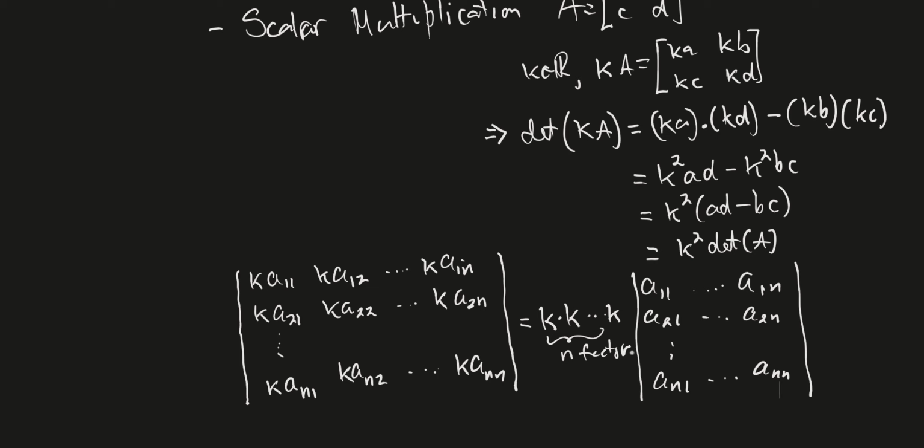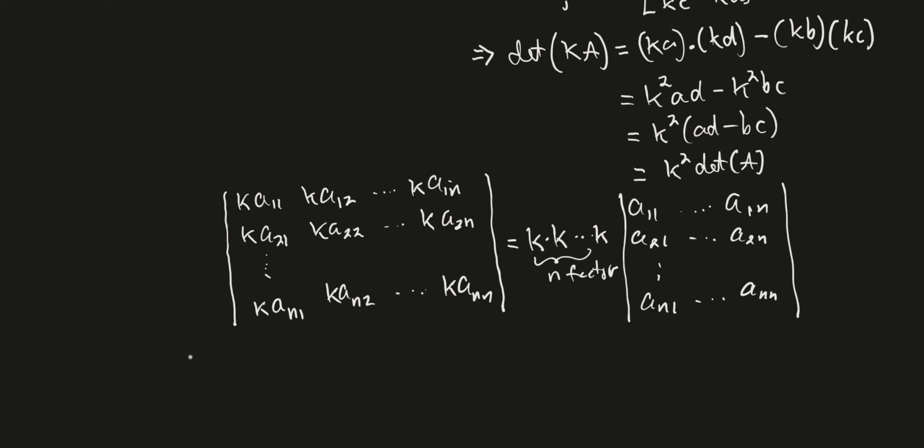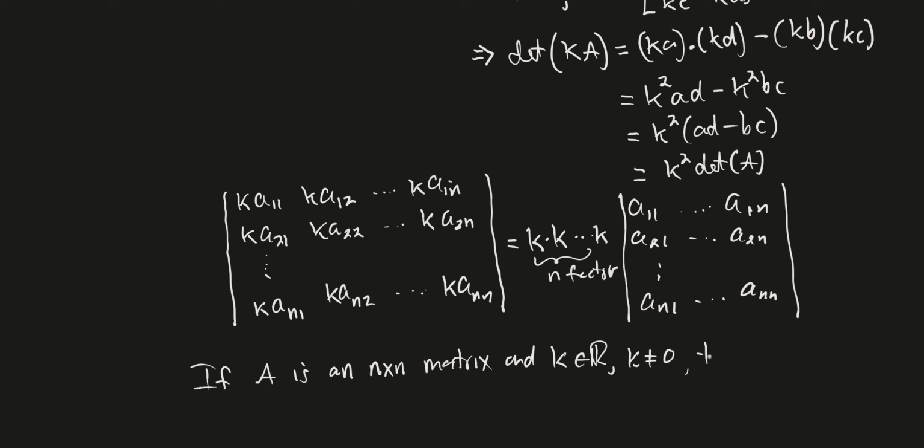So let's actually state that now, right? So if A is an n by n matrix, and k is a constant, and let's just say it's not 0, then the determinant of the constant times my matrix is that constant raised to whatever power the dimension is.